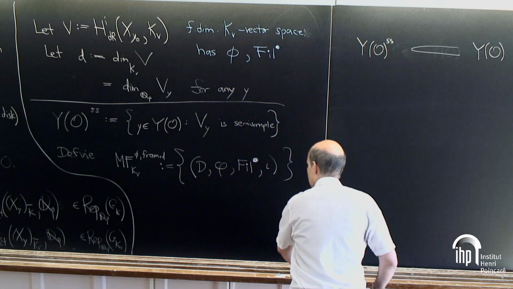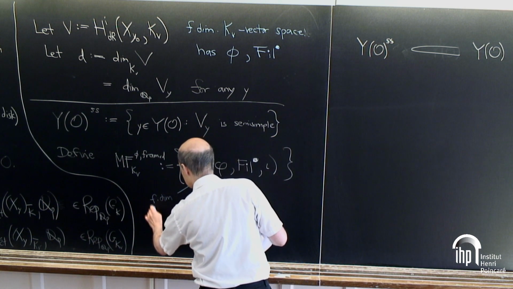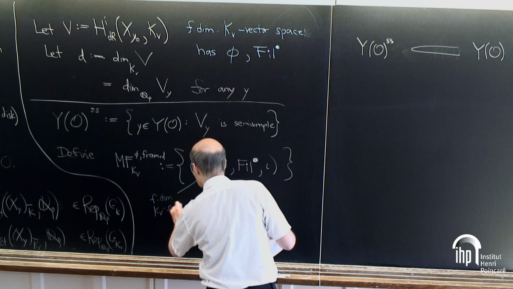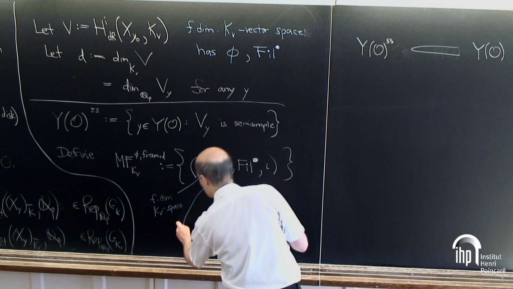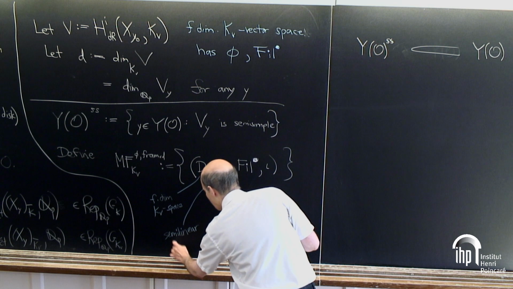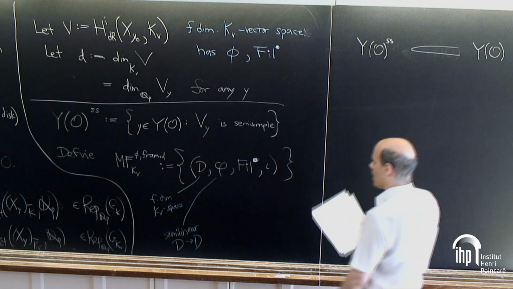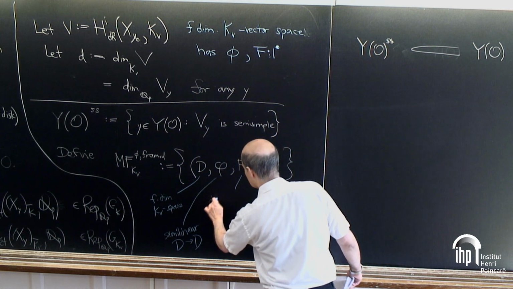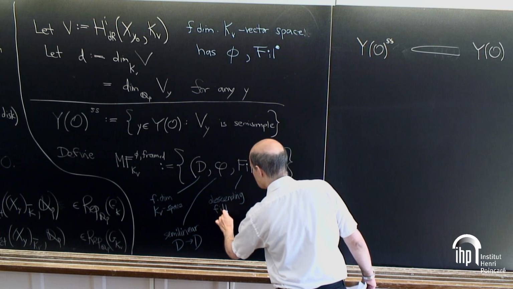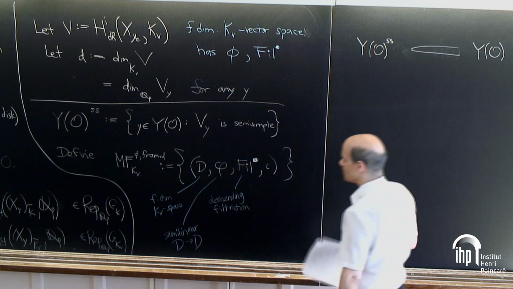Maybe I'll remind you what everything is. D is a finite dimensional K_V vector space. Phi is a semilinear operator from D to D, so it's Q_p linear, but not K_V linear. And this is a descending filtration, a sequence of K_V subspaces of D that has nothing to do with the semilinear operator.